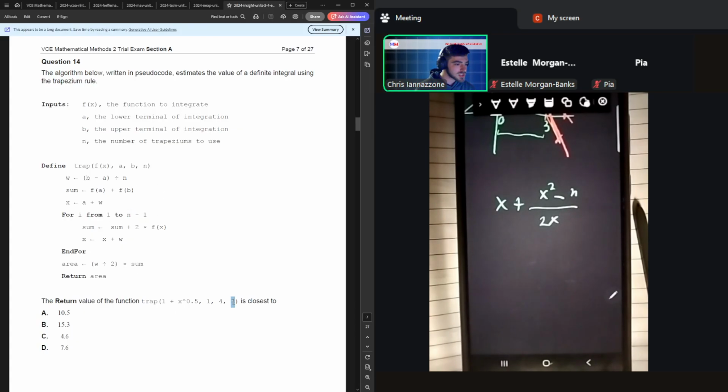So in this case, it's going to loop 2 times to grab those other values on the inside. And there's your w over 2 times the sum. This is just the same thing as before. Nothing really to explore there. This is the same algorithm. We've already done this one.